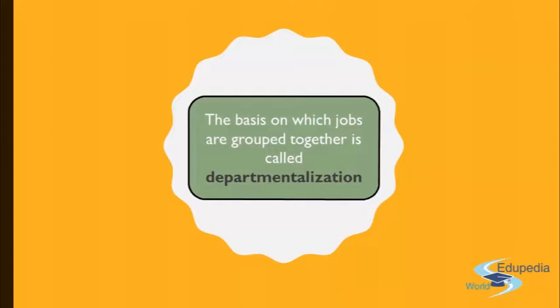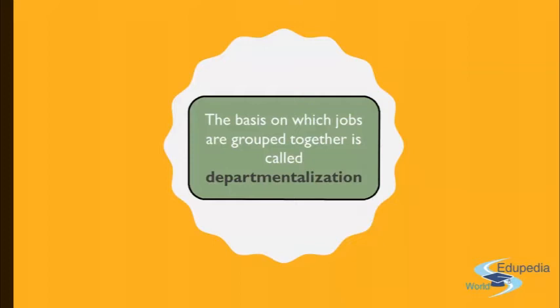Every organization will have its own specific way of classifying and grouping work activities. The 5 common forms of departmentalization, which are functional departmentalization, product departmentalization, geographic, process, and customer departmentalization, I'll be discussing here today with appropriate examples for your understanding.